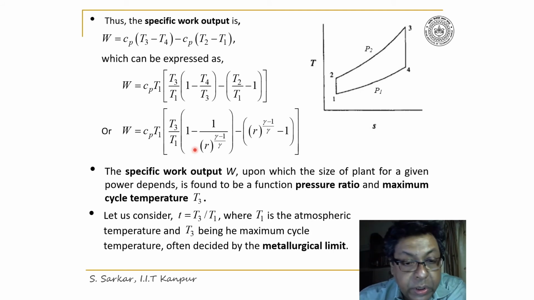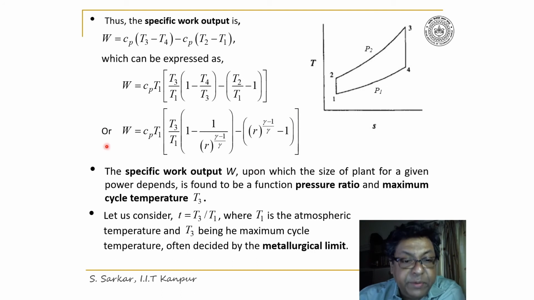Now look here, T4 by T3 can be expressed as 1 divided by R to the power (gamma minus 1) divided by gamma, and T2 by T1 is equal to R to the power (gamma minus 1) by gamma.